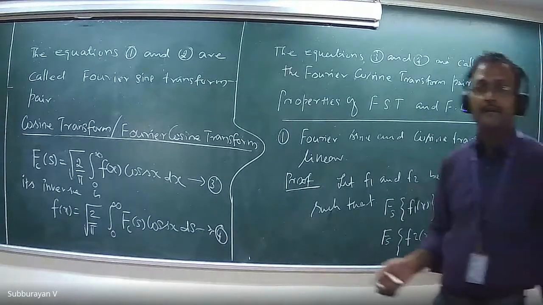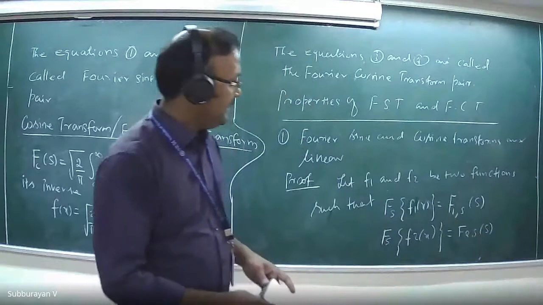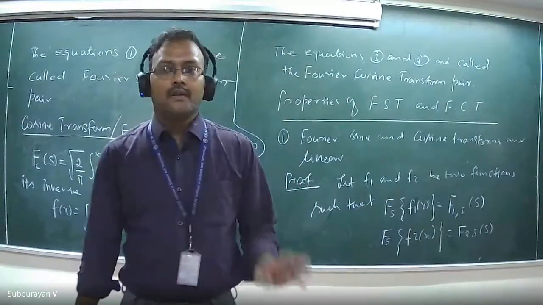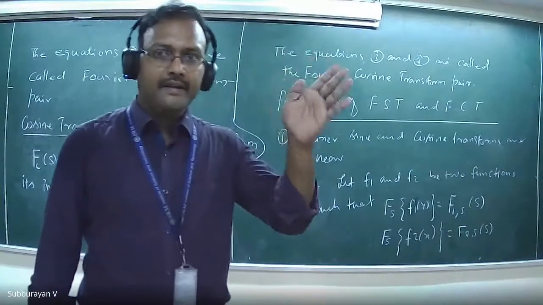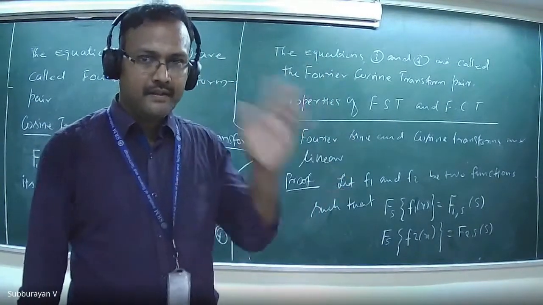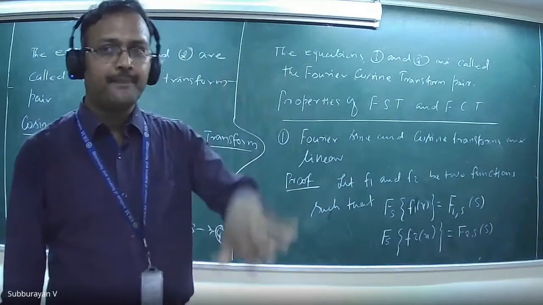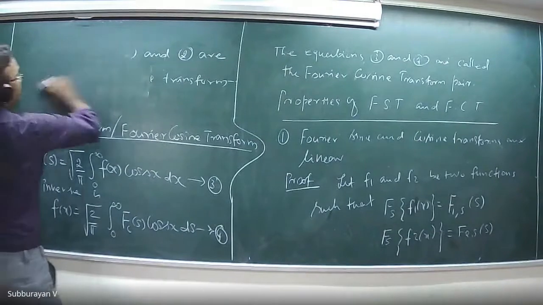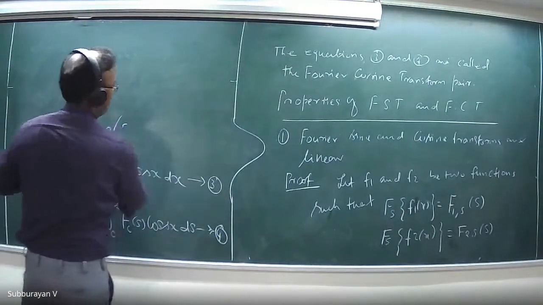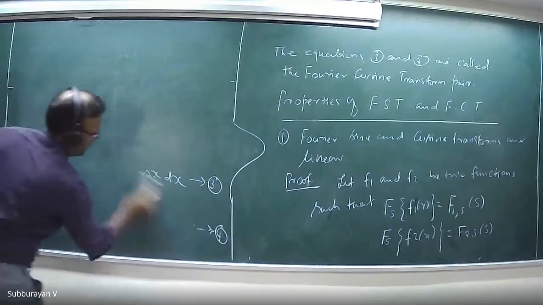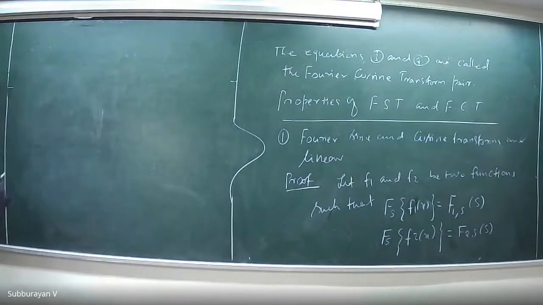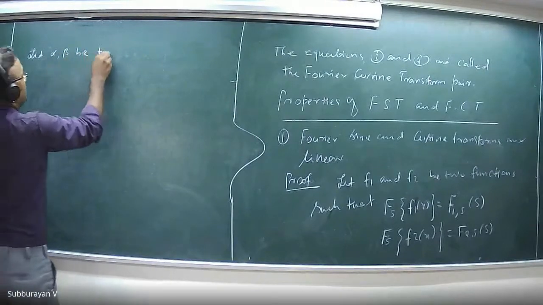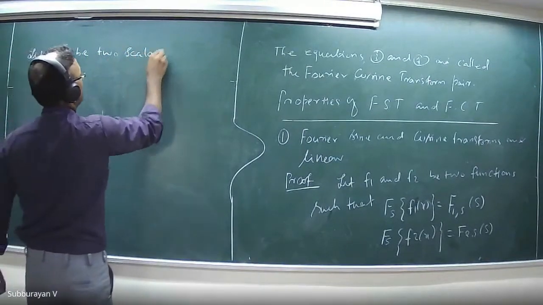Very simple. Suppose we take any linear combination, for example alpha f1 plus beta f2, then the Fourier sine transform of the linear combination is equal to the linear combination of their Fourier transforms. That is another statement for this linear property. Fine. Now let alpha, beta be two scalars.